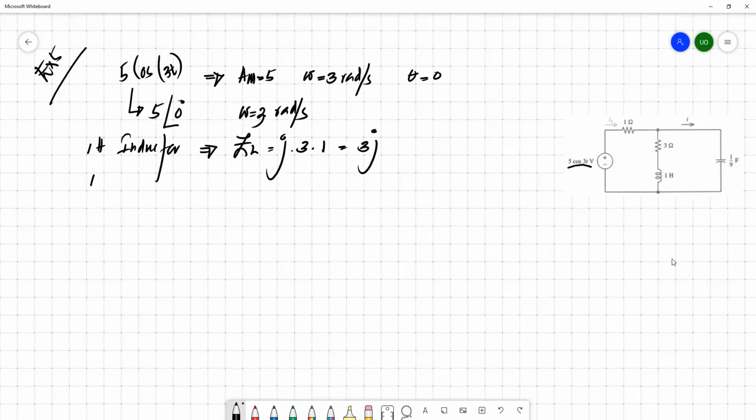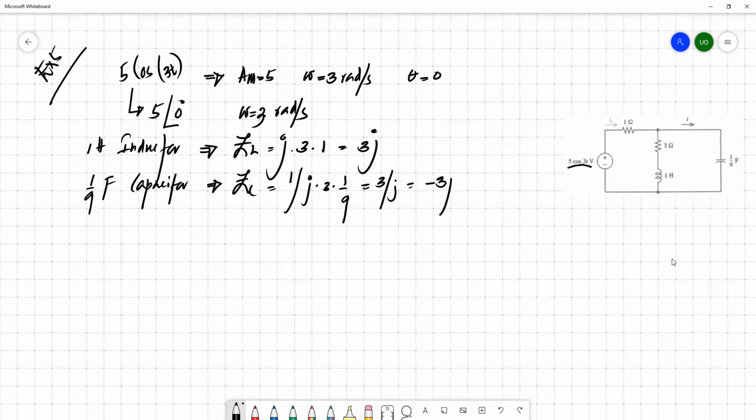So we have a 1/9 farad capacitor. You can convert this C to 1 over j omega C. C is 1/9, so it's like 3 over j. If you bring this j to the numerator, this becomes minus 3j.